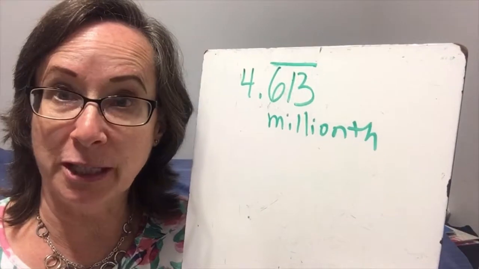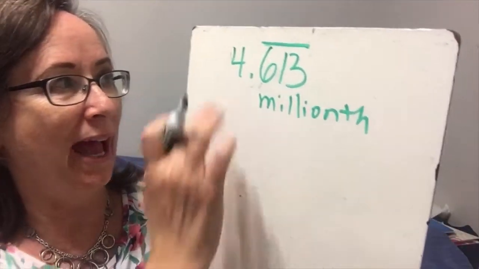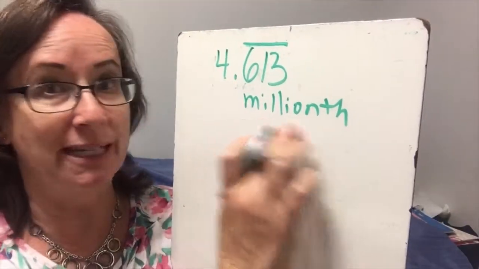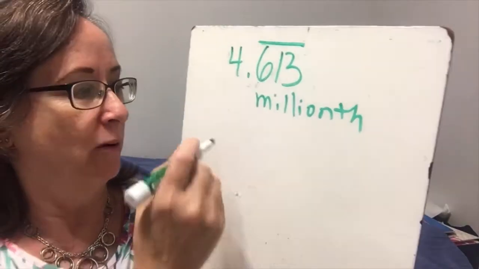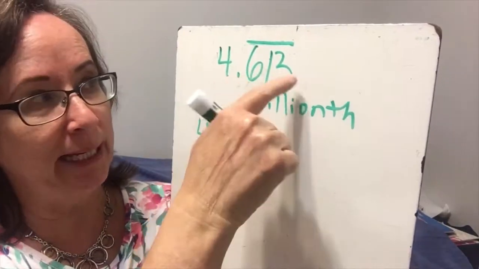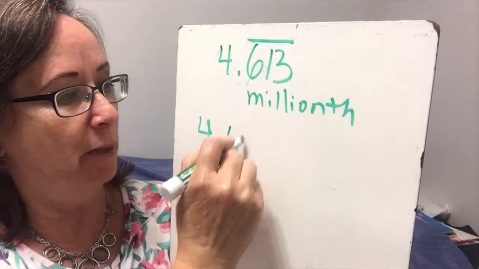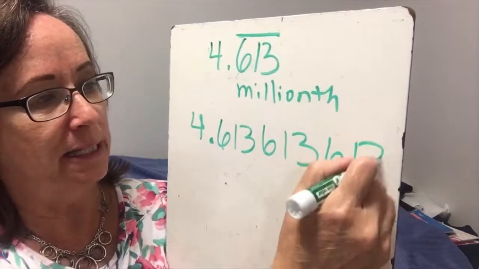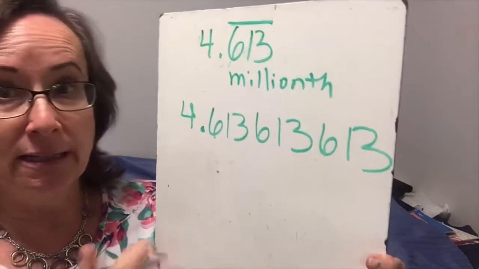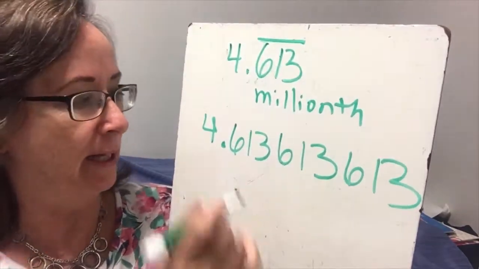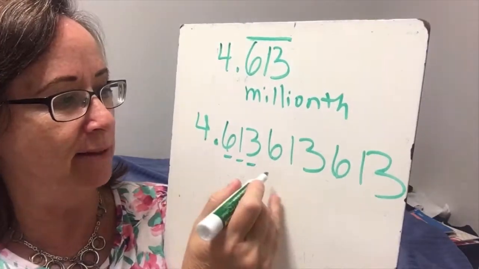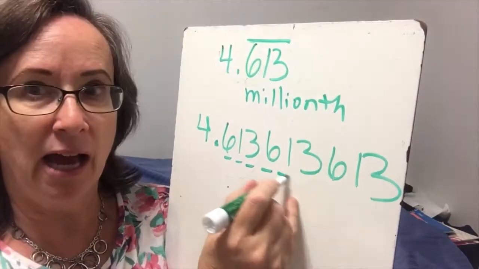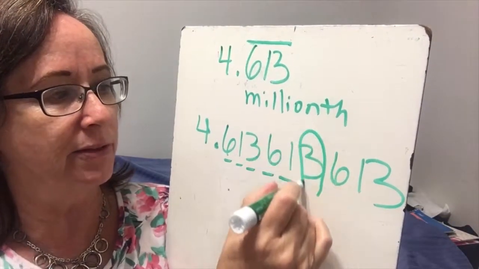Okay, so now we're doing your practice problems. We have this number that we're going to round to the nearest millionth place. Well, remember, since it's a repeating decimal, we will start by writing several repetitions of the decimal, okay? And we figure out which one is the millionth place. Tenths, hundredths, thousandths, 10,000ths, 100,000ths, millionths.